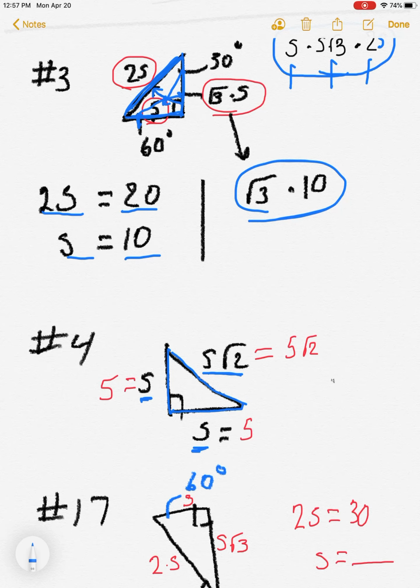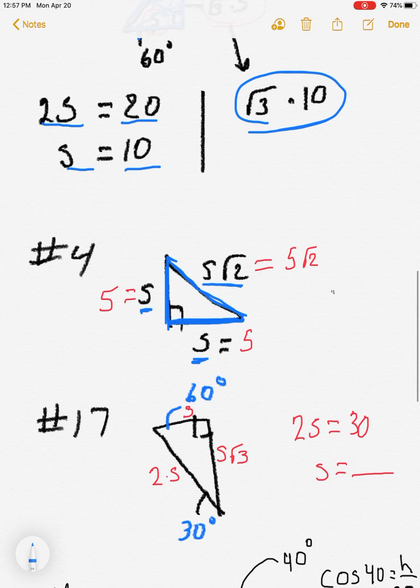So in problem number 4, I noticed that the dimension across from the 45 is 5. So this is a 5, 5, 5 root of 2. That's your slant height, which becomes then critical for finding perimeter, and the real height of 5 critical for finding area. Area, base times height, perimeter, the top, the bottom, the left, and the right, which were both slants.